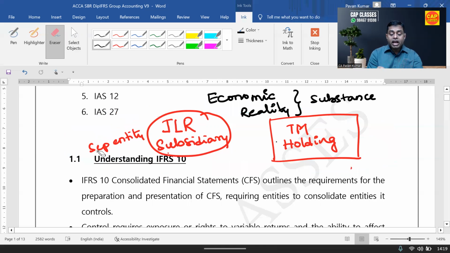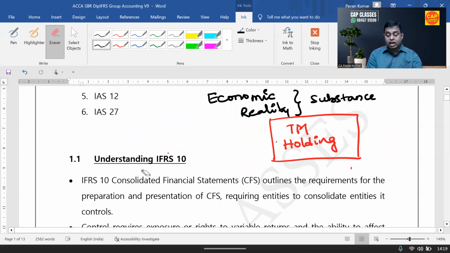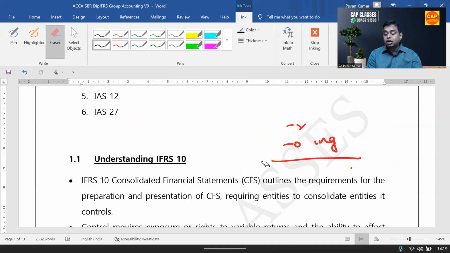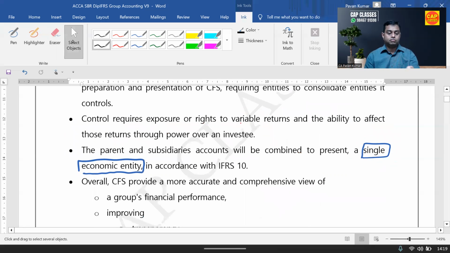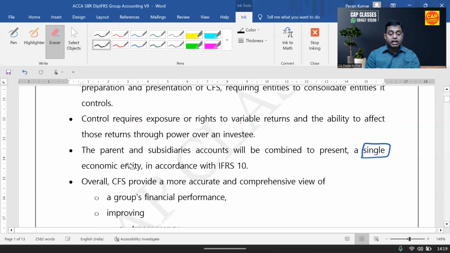So when you prepare financial statements of Tata Motors, which includes the financial information of Jaguar Land Rover, you are presenting consolidated financial statements of the group as a whole.